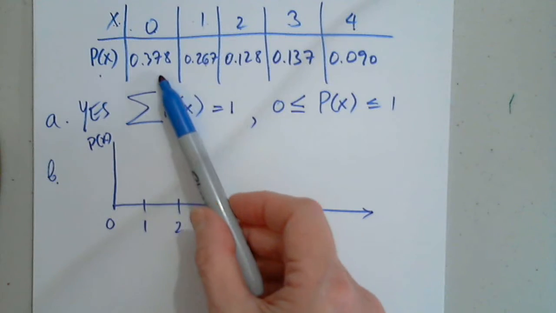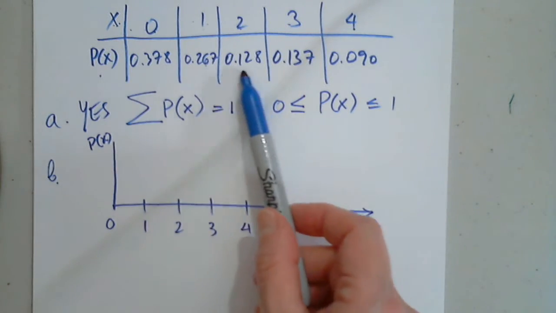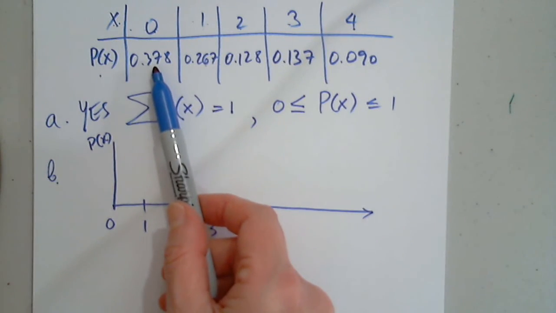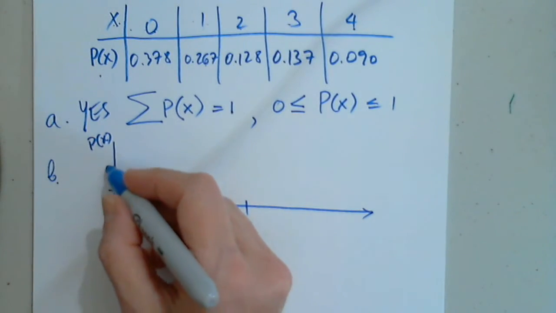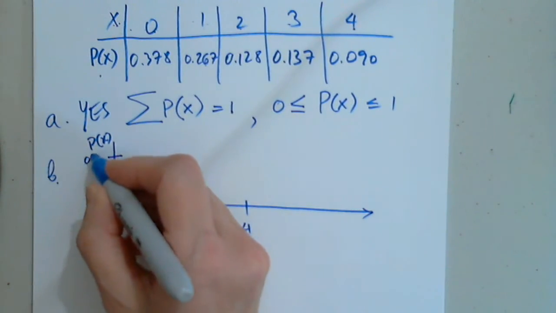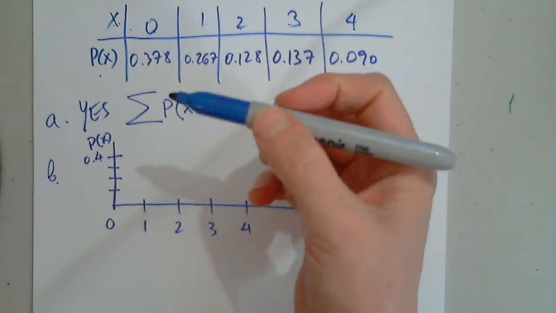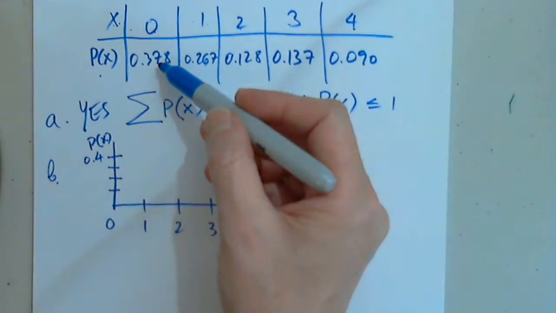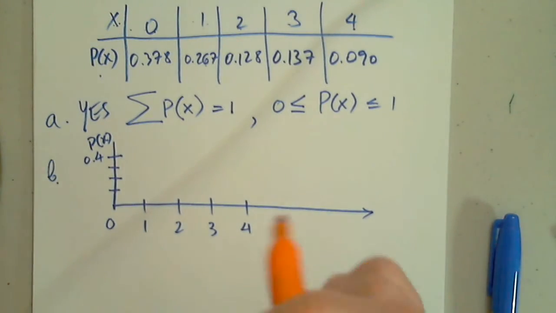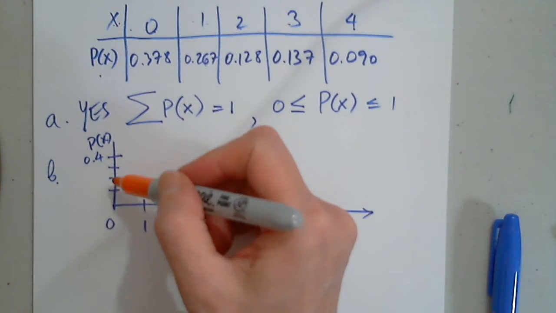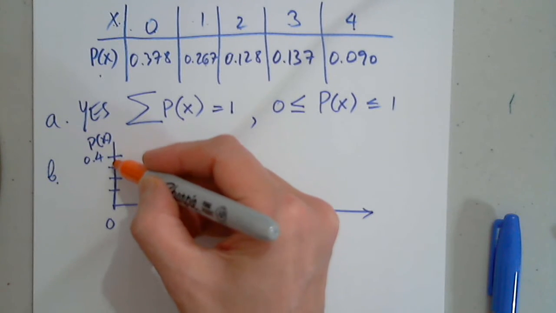So the highest probability is 0.37, right? So 0.1, 0.2, 0.3, 0.4. So for 0, it will go to 0.378. I have to use a different color. So 0.378. So this is it.